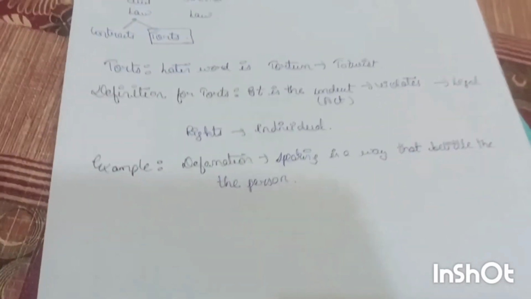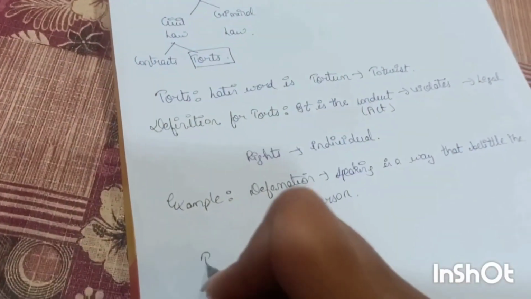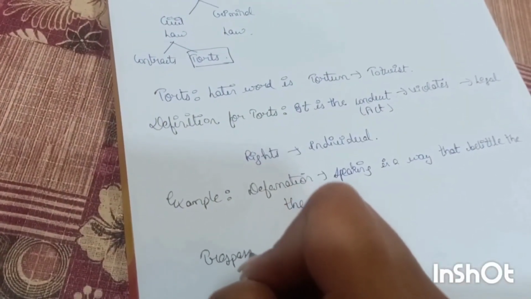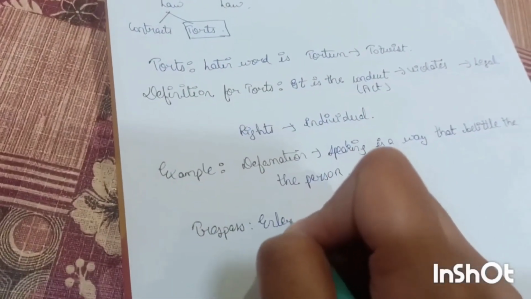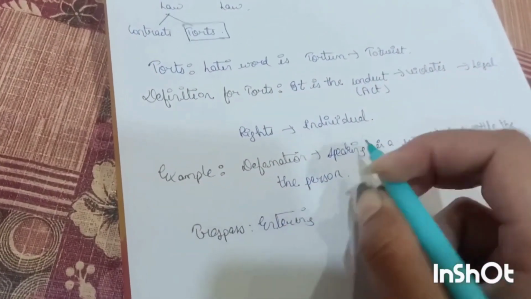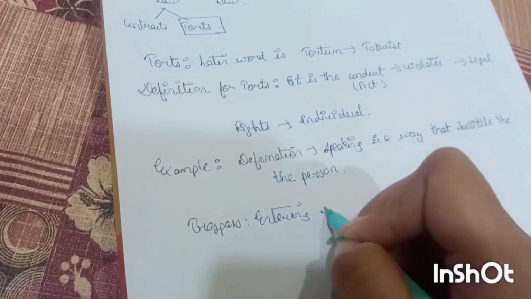Another example of tort is trespass. Trespass means entering others' land without permission.